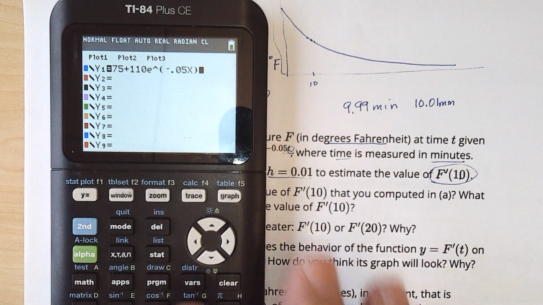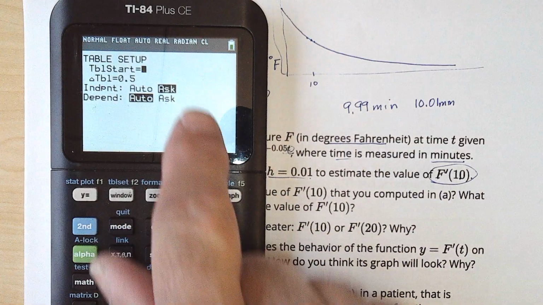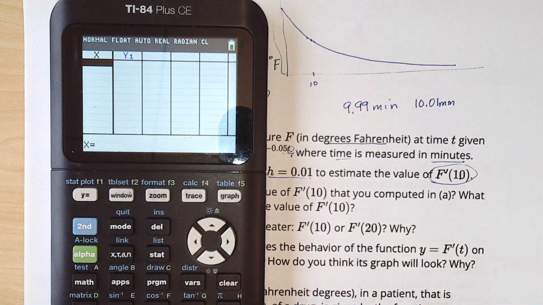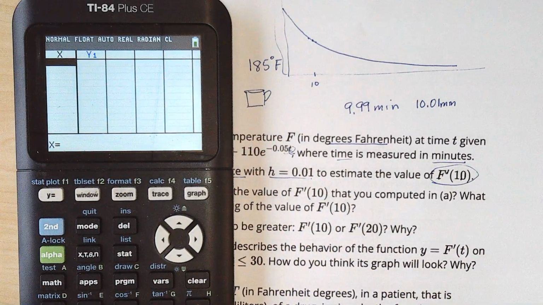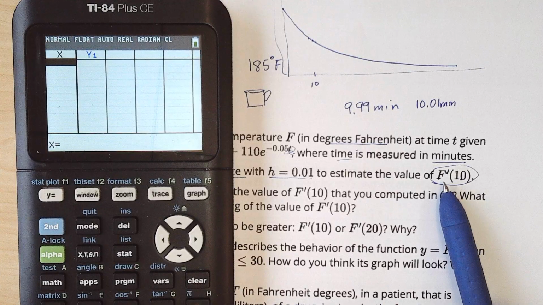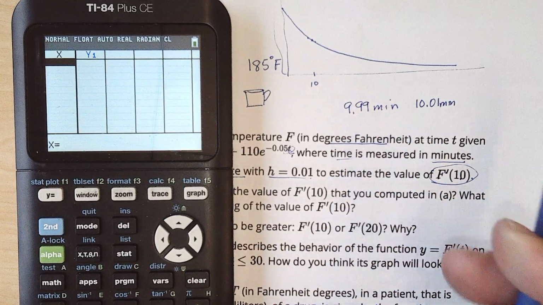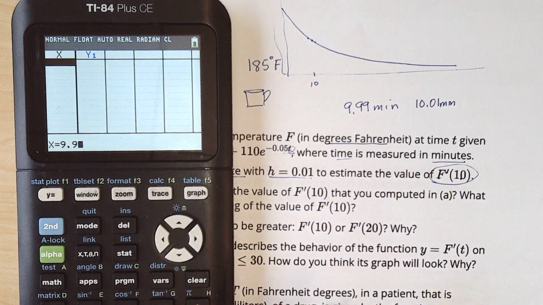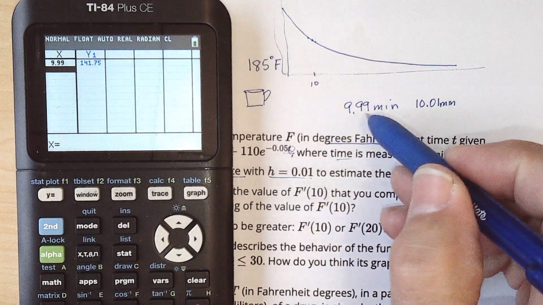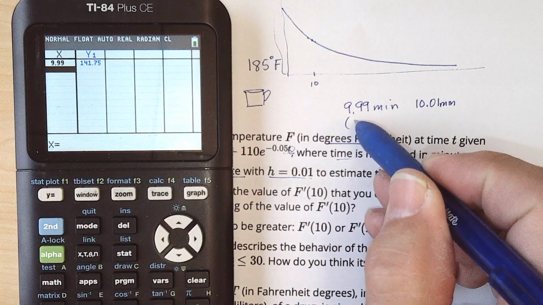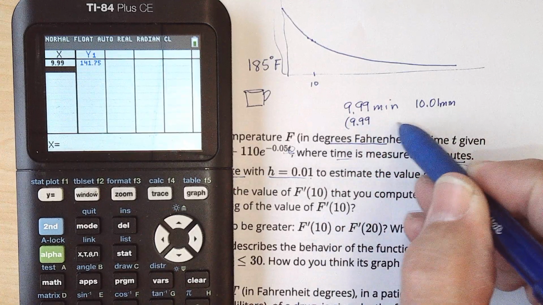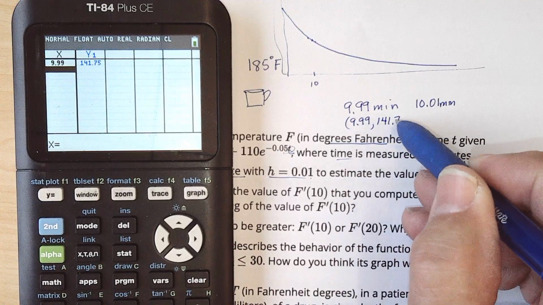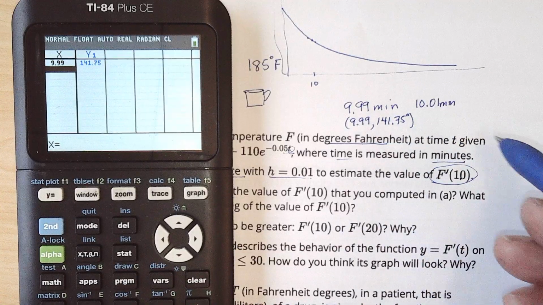Okay, and I've got my table set on auto ask, so I can go to my table and delete all the stuff I have in there, and I can ask what is going to be the temperature at 9.99 minutes. And it says at 9.99, the temperature is 141.75 degrees Fahrenheit.